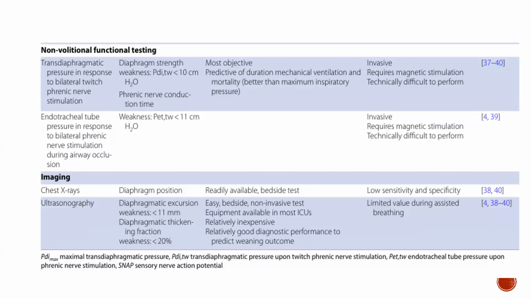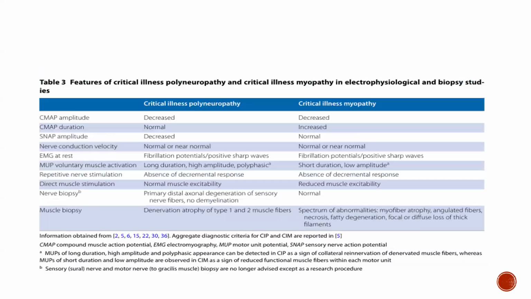The non-volitional functional tests include transdiaphragmatic pressure in response to bilateral twitch phrenic nerve stimulation, endotracheal tube pressure in response to bilateral phrenic nerve stimulation, and sometimes imaging can be used, like chest X-ray and ultrasonography of the diaphragm.